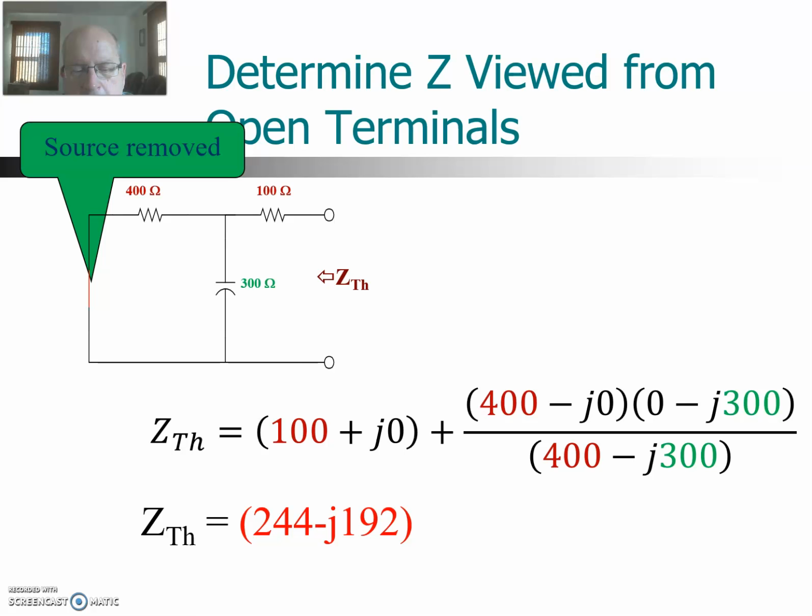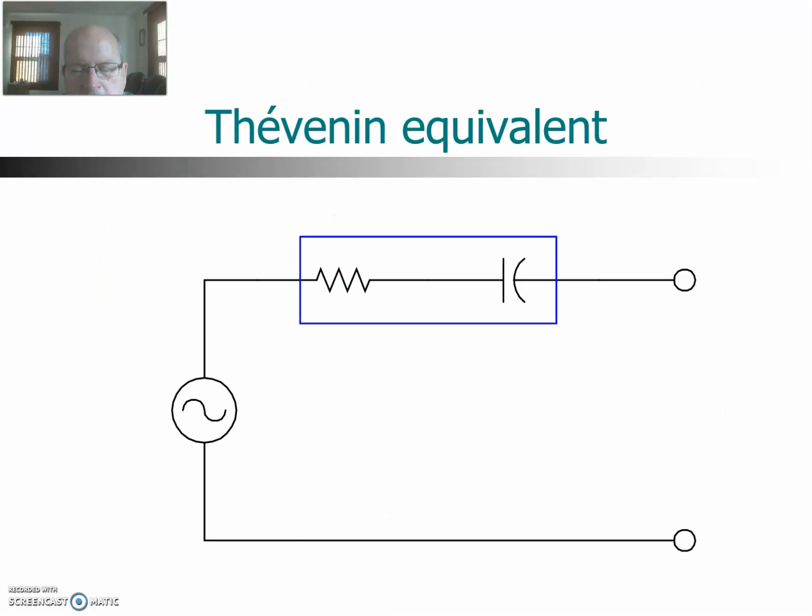Now, for impedance, particularly for Thevenin, it's very advantageous to express that in rectangular form. That is because once we actually draw the circuit here, we have to break that down into a resistance and capacitance value.